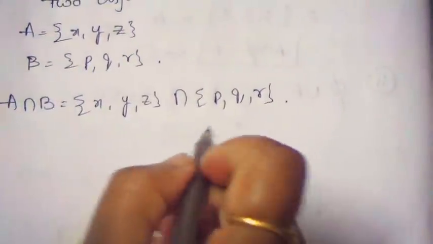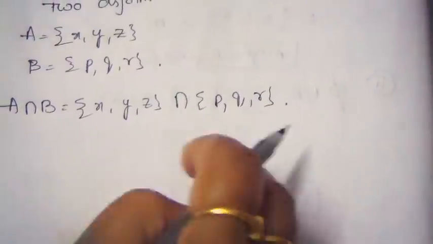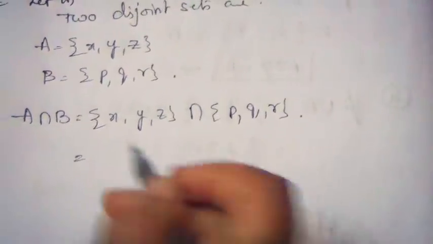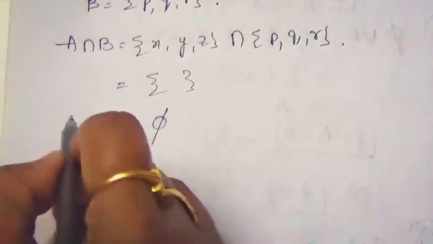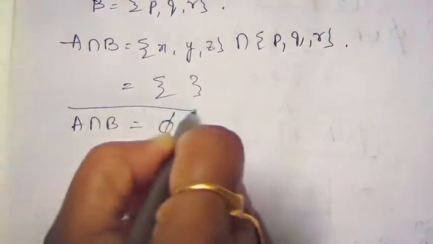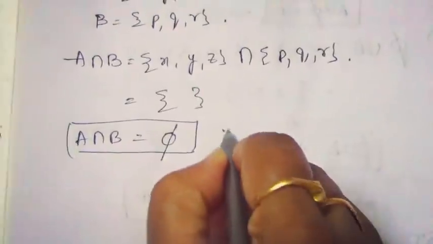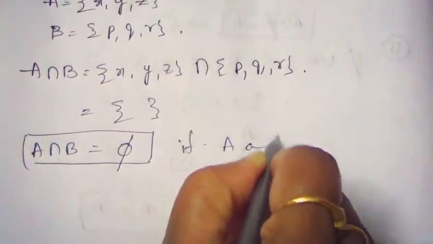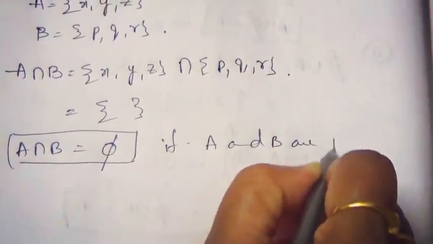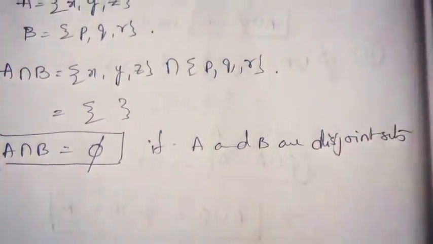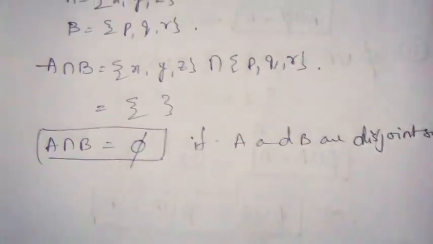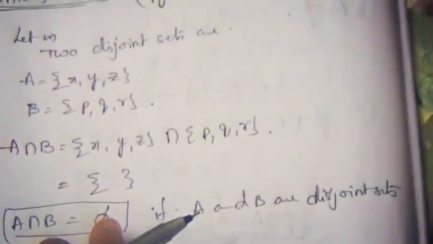What are the common elements? There are no common elements. What do we get? A null set, that is, an empty set. A intersection B is equal to the null set if A and B are disjoint sets. That is the justification of this answer, the solution for this think and discuss.